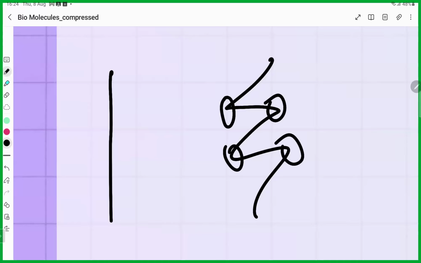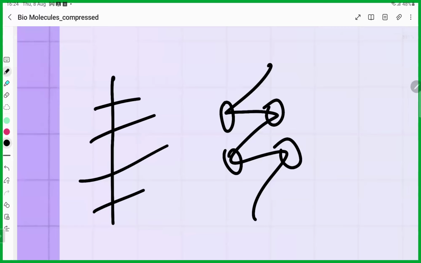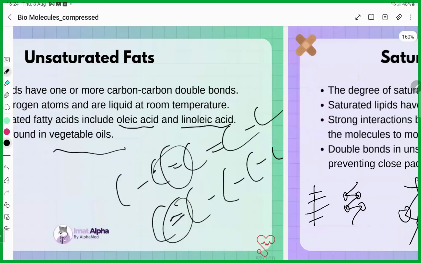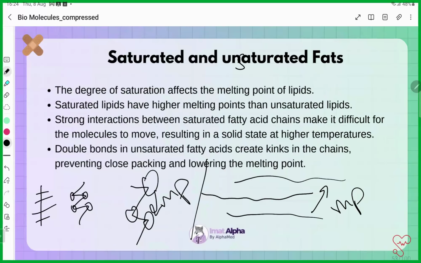However, here you can just cut through so easily. So that's the reason why we have a high melting point in the linear ones, and a low melting point in the kinked, double-bonded ones.